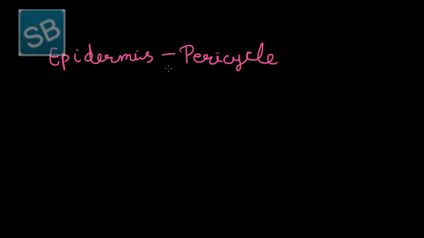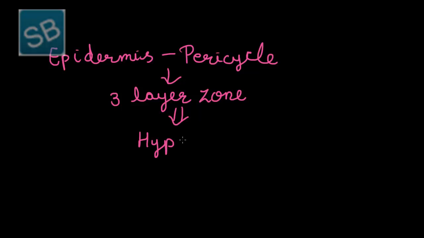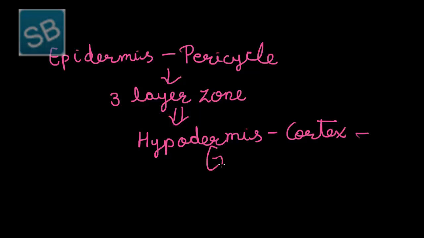Now, after epidermis and before pericycle, there is a three-layer zone which comprises hypodermis, followed by cortex, followed by endodermis.